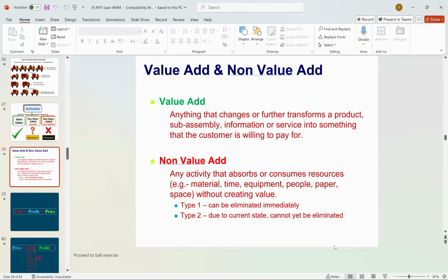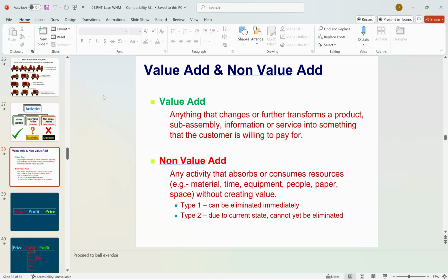This was a big issue for some time. Therefore, the Toyota engineer Taiichi Ohno suggested a system to identify value adding and non-value adding activities. Thereby you are now able to identify them in processes.